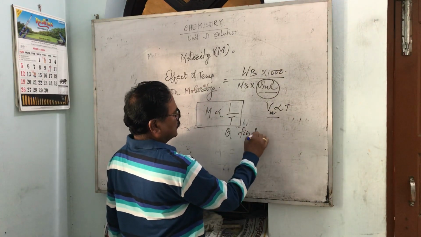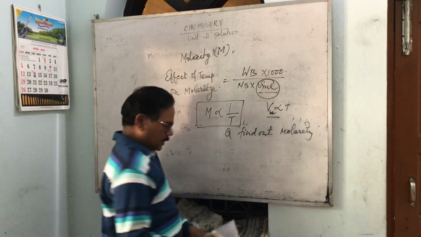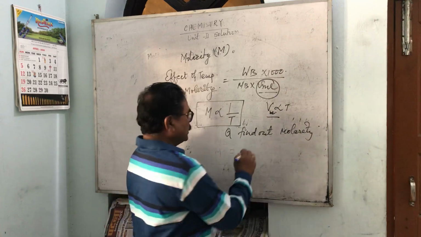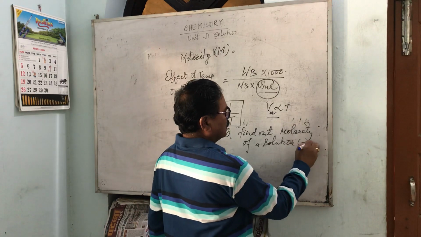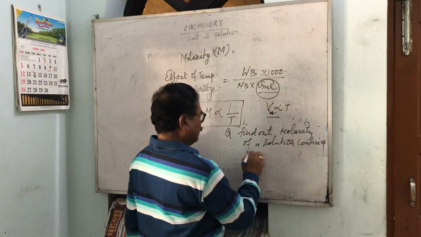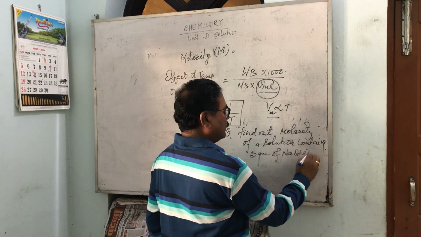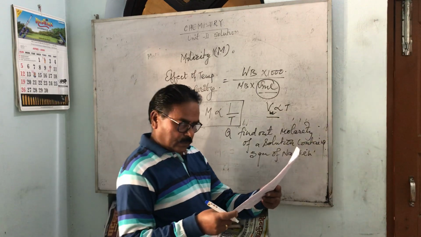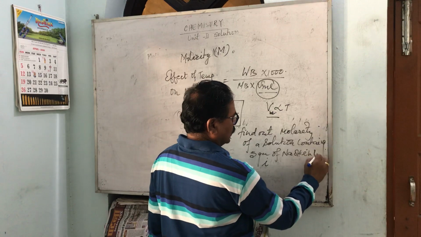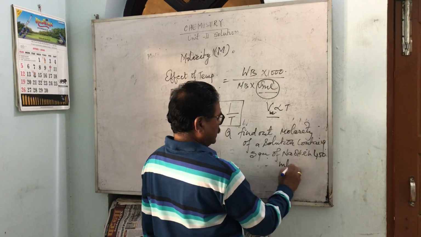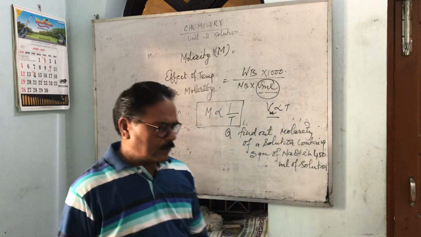Find out the molarity of a solution containing 5 gram of NaOH in 450 milliliter of solution. Right, so this is how we'll go to the problem.